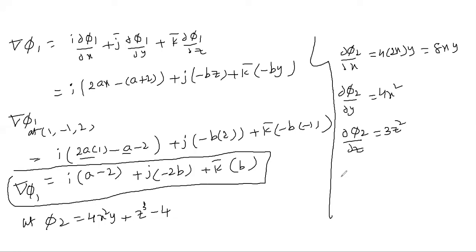So now, del pi 2. What is the del pi 2 formula? i into dou pi 2 by dou x, j into dou pi 2 by dou y, plus k into dou pi 2 by dou z.